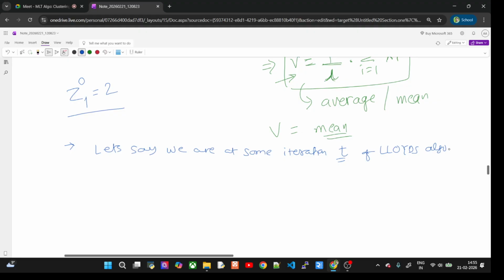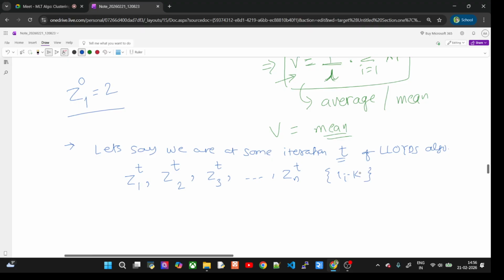Whatever the current assignments are, we have z1 of that iteration, z2 of that iteration, z3 of that iteration, up to zn of that iteration, and these belong to 1 to k. They are not simply any values; these are the assignments.